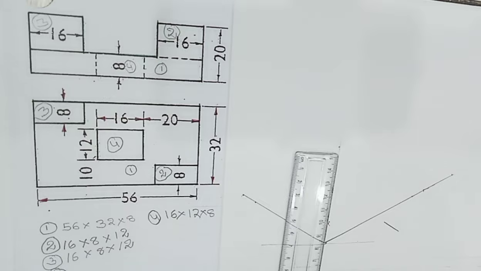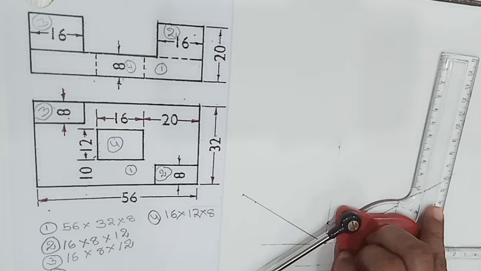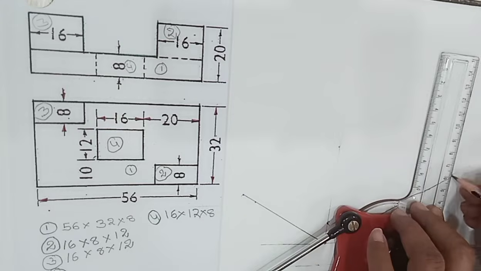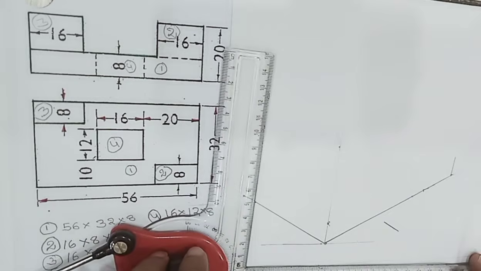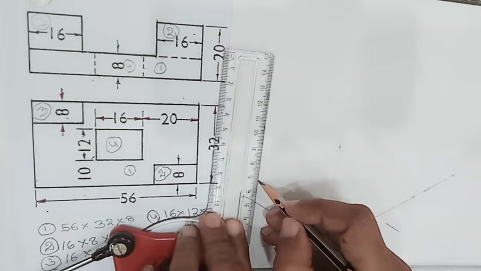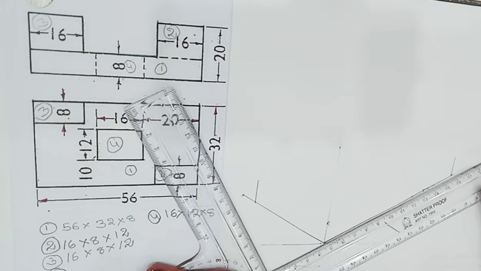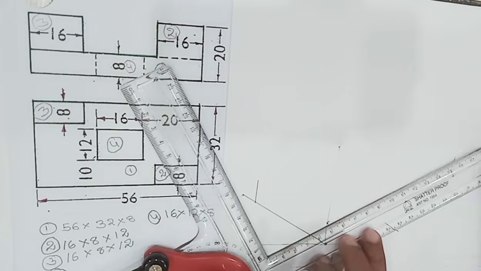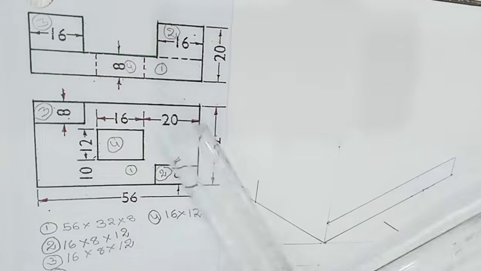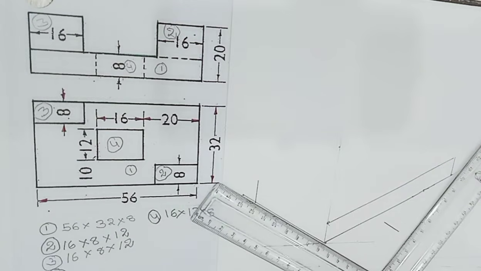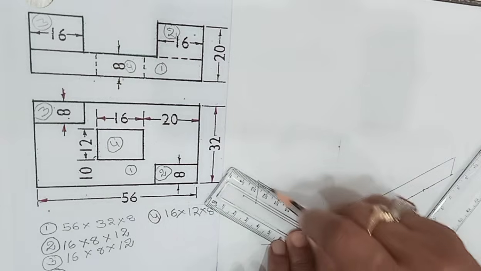After that, with that height, draw a vertical line here and also here. After that, parallel to the x-axis, draw a line here, and then parallel to the z-axis, draw a line.